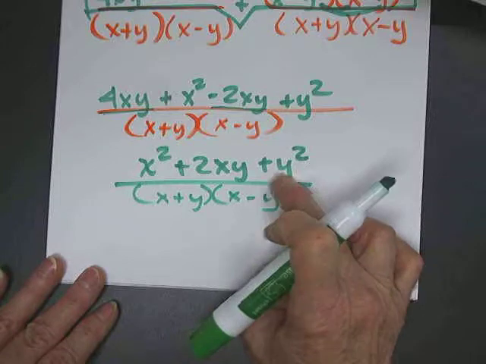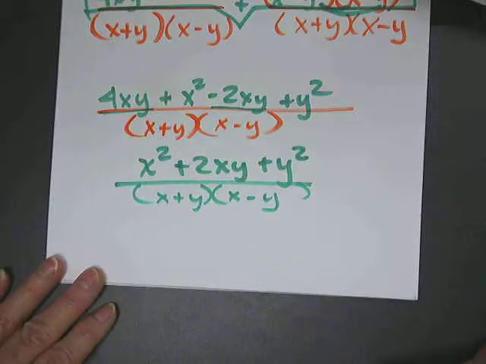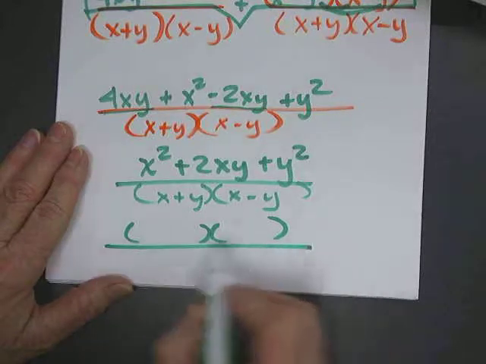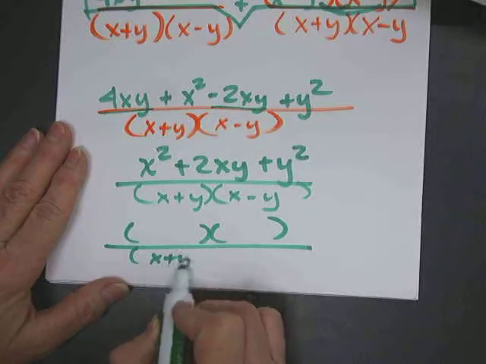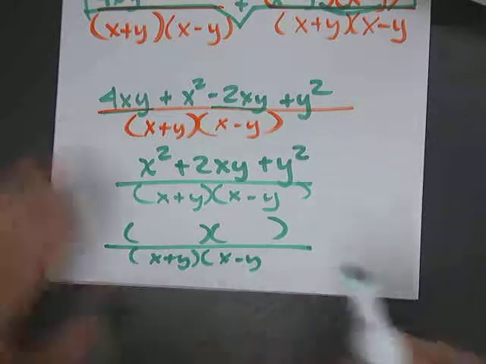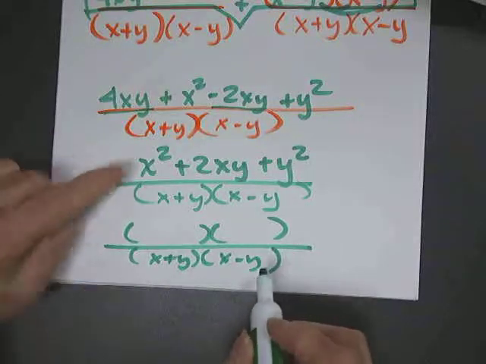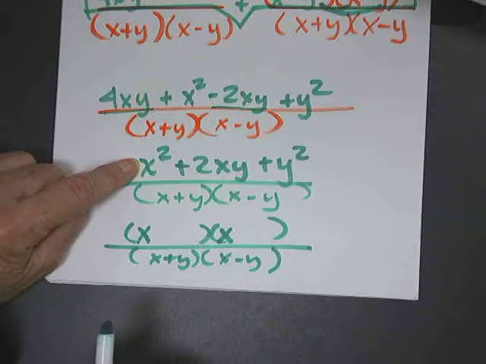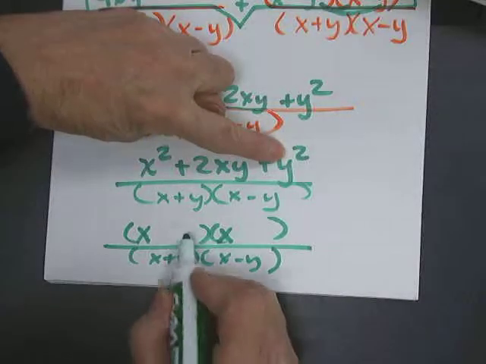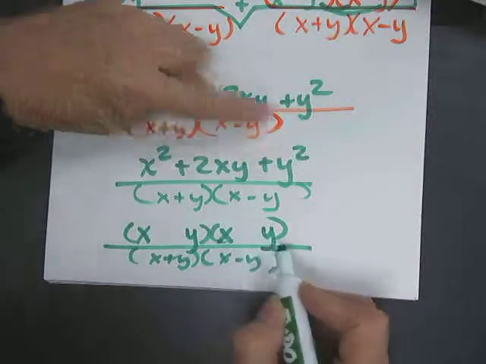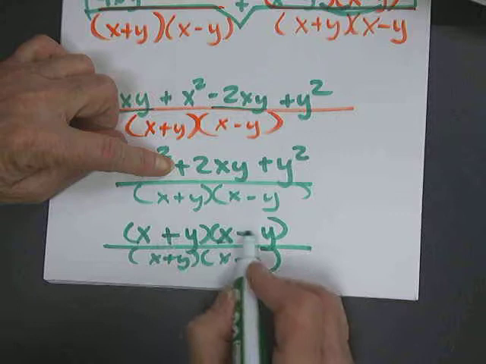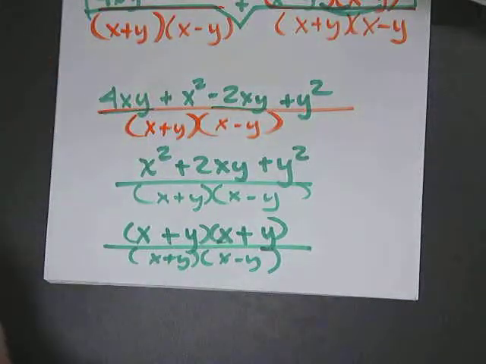X squared plus 2xy plus y squared over our common denominator. Will the top factor? It will, huh? Because 1 times 1, 1 and 1 add up to 2. So we can factor the top.